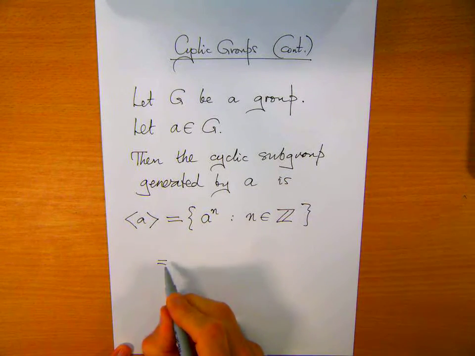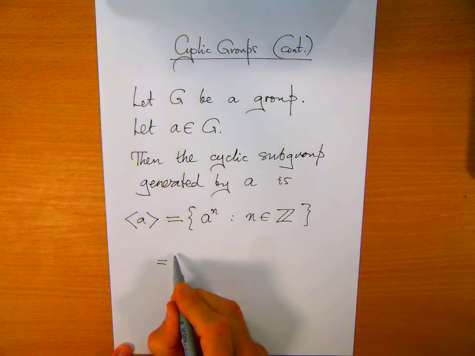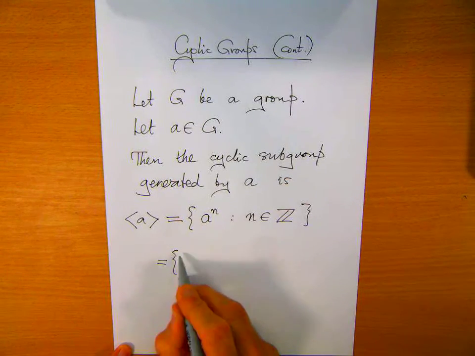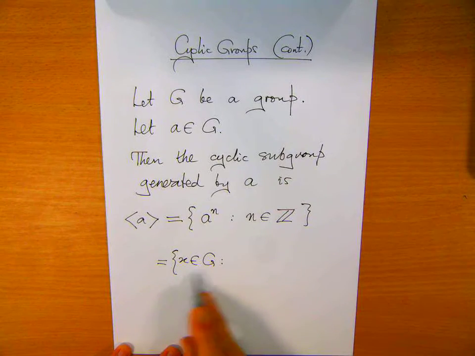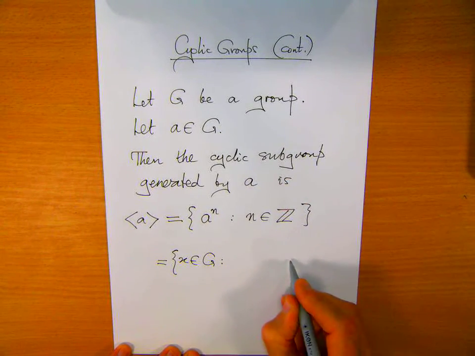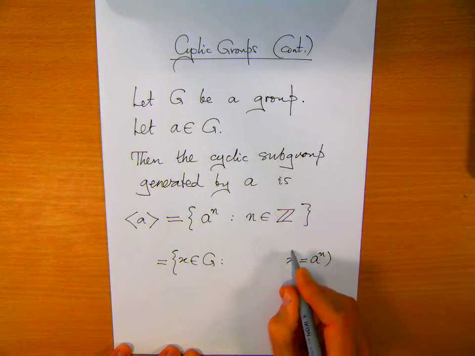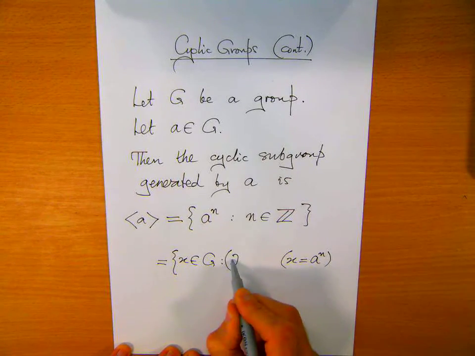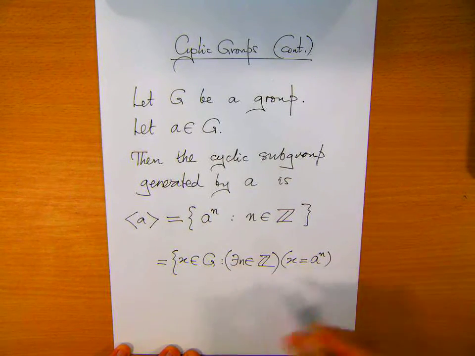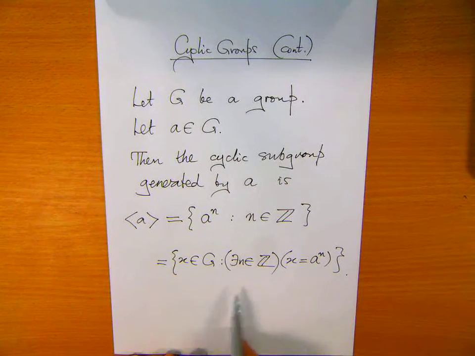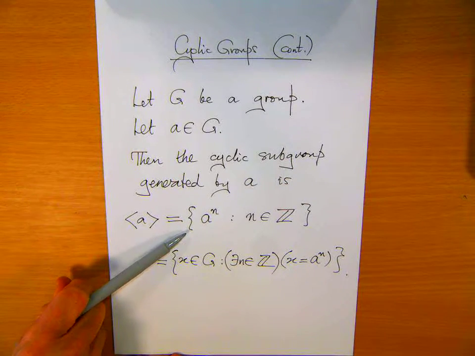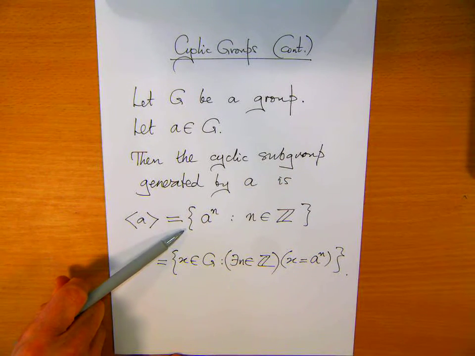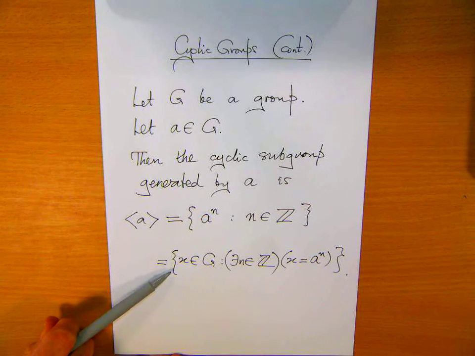A slightly more sophisticated way of writing this, in fact the correct way, is to write it as the set of all group elements X such that X is a power of A. So in other words, there exists some integer n for which X is that power of A. The first version is sloppy but acceptable, and the second one is more precise.